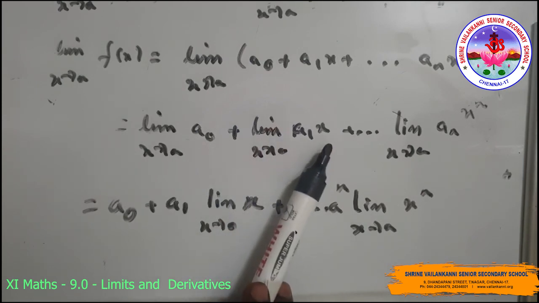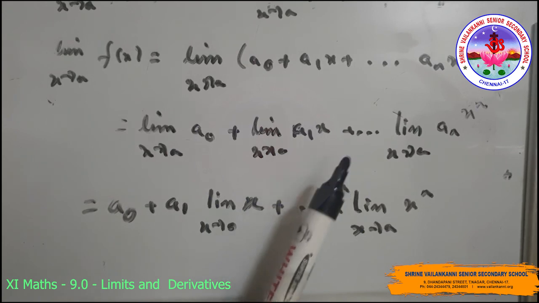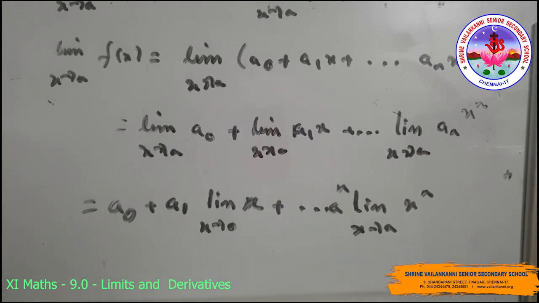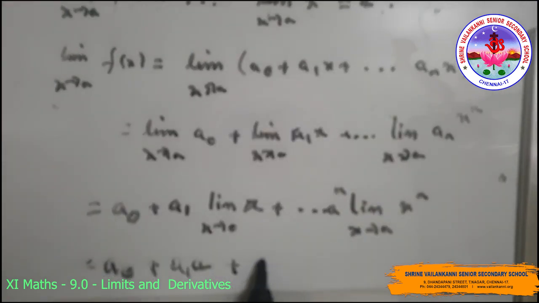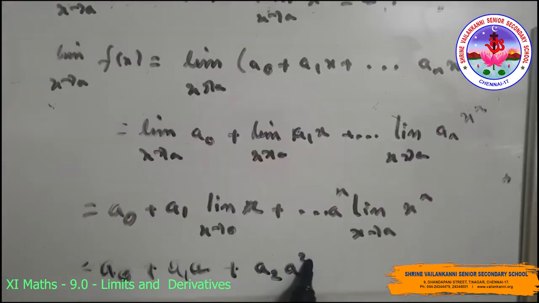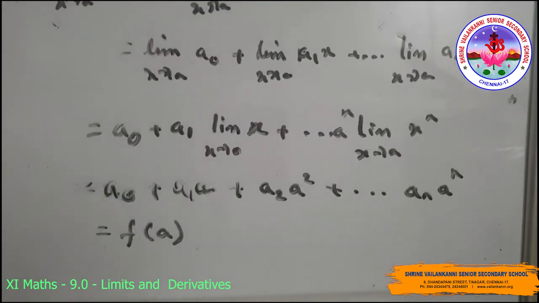So using lambda, the limit of lambda into f of x is equal to lambda into limit of f of x, etc. an into limit x tends to a of x power n, which is a0 plus a1 into a plus a2 into a square plus etc. an into a power n, which is nothing but f of a. Therefore, limit x tends to a of f of x equals f of a.